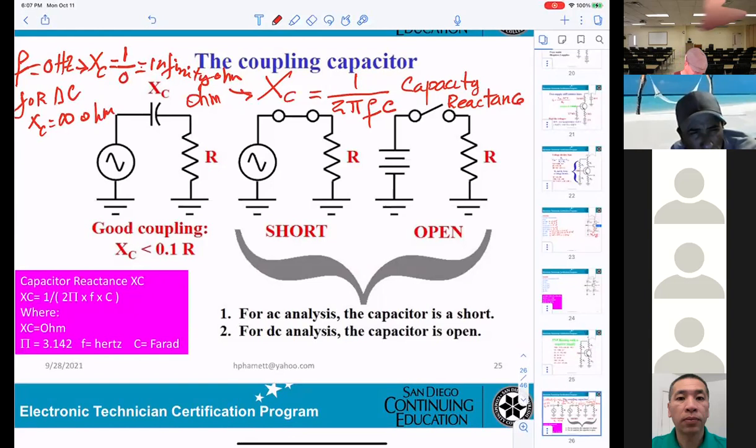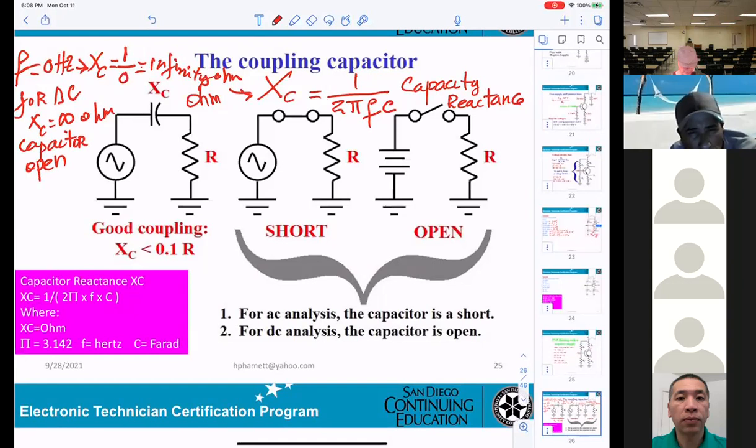That's only telling you the capacitor is open. That means for the DC circuitry, the capacitor will be open. When it's fully charged, it doesn't allow any current to flow through the capacitor anymore. It's open.